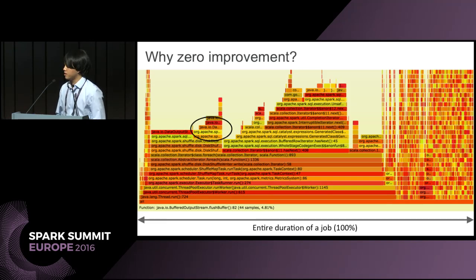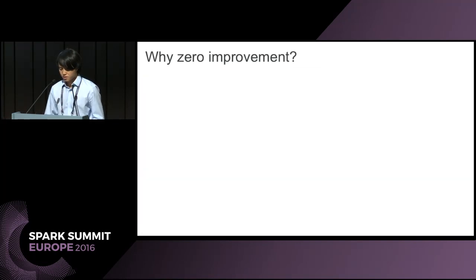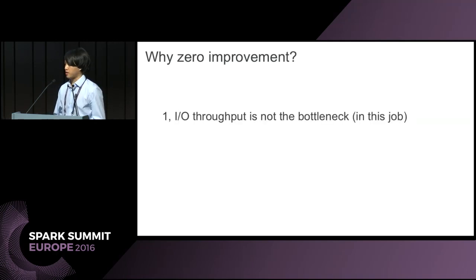If you dig really into it, you'll find this method corresponds to the action of writing the data into disk. And this is only 4 to 5% of the time that you spend on this flushing to disk operation. So what we found is that in this particular job, the I/O throughput is not the bottleneck.